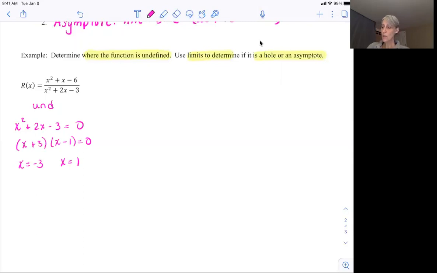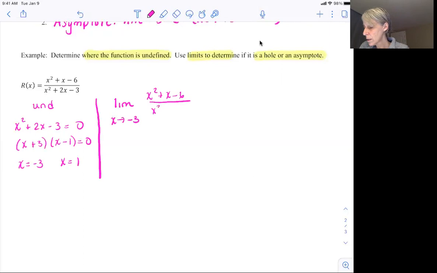So now instead of using algebra to identify if it's a hole or an asymptote, we're going to evaluate each limit. So the limit as x approaches -3 of our function, and the limit as x approaches 1 of our function.